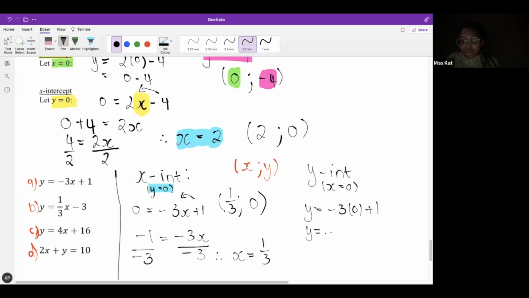Negative 3 times 0 is just 0, and you add 1. Therefore, y is 1. But we want coordinates. Therefore, x is 0, y is 1. Those are your 2 intercepts. Are we good? Did we understand what I just did there now? Are we good? Keegan, where did I lose you?